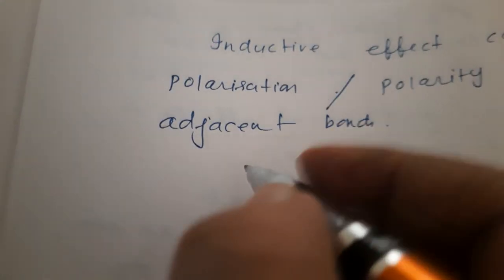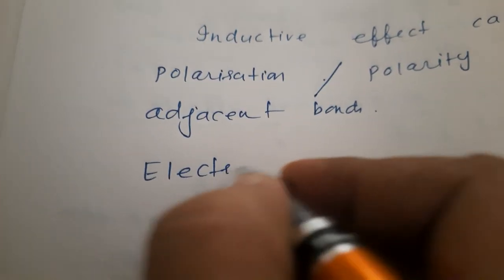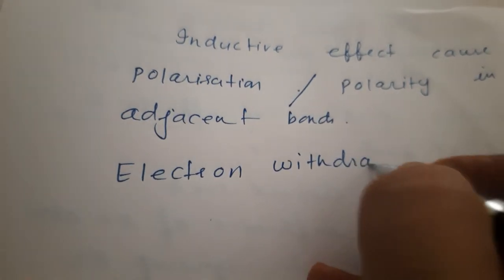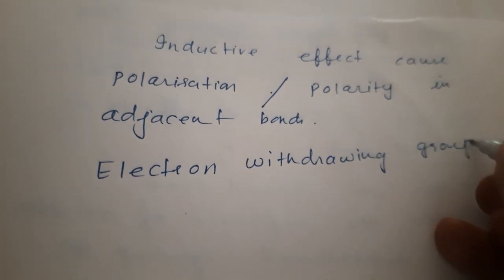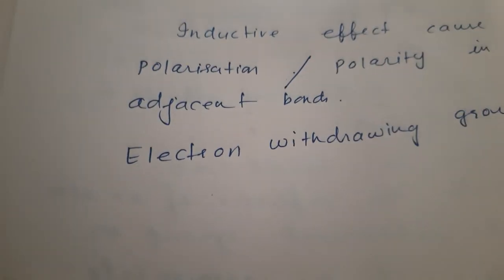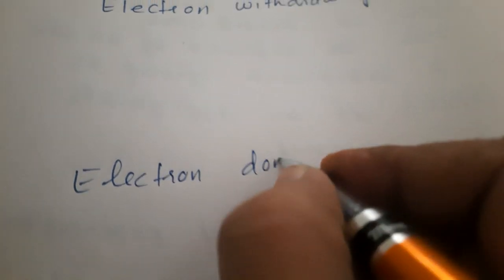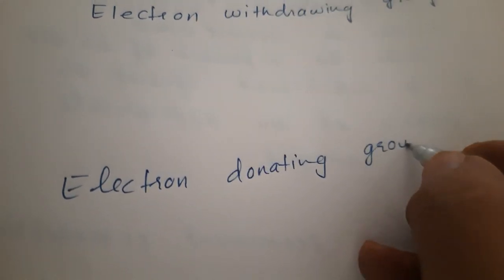There are two new terms for us: electron withdrawing group and electron donating group. What are electron withdrawing groups?